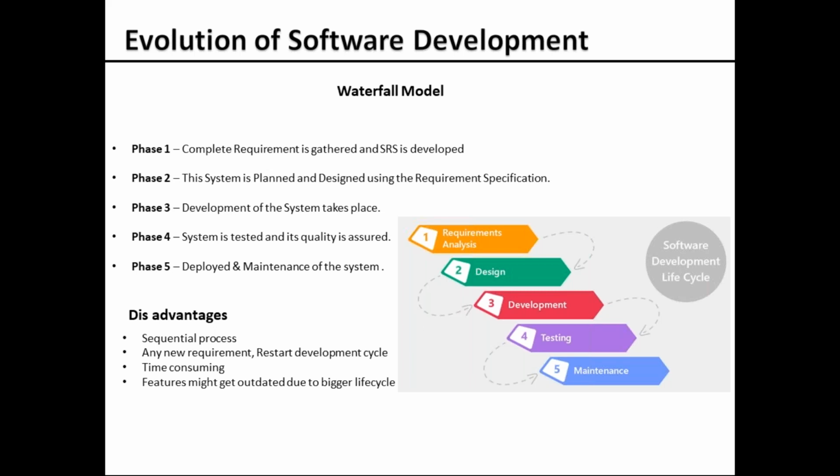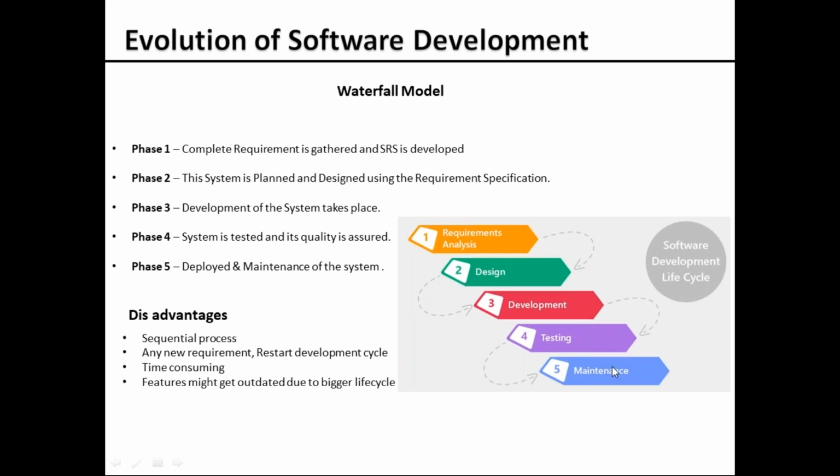released, let's say it has taken 8 months to complete a product, starting from the requirement phase to the maintenance phase. Okay, so the product might get outdated because it has taken 8 months.